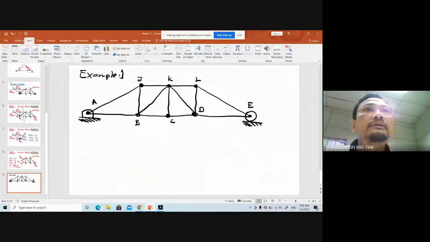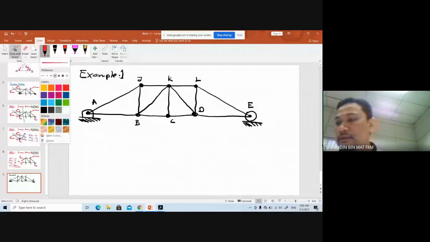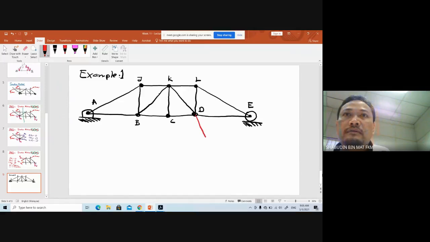Draw the red color. 10 kilonewton there. Two forces only.